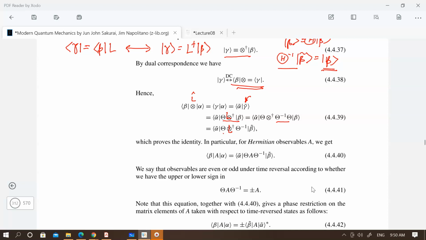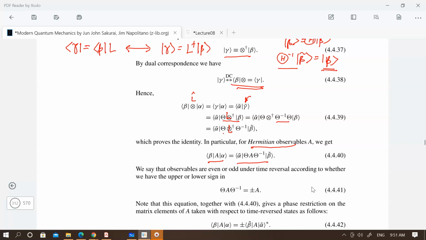Now we can apply it to the specific case, in particular the Hermitian observable. So in other words, we will have that equal to that. This is, in general, the relationship between the time reverse version and the original version.